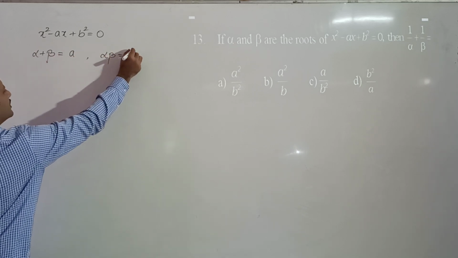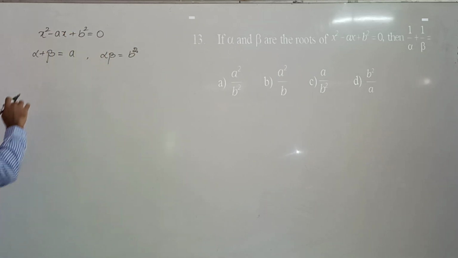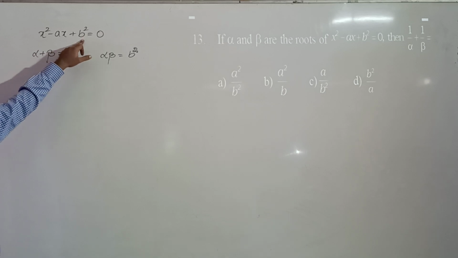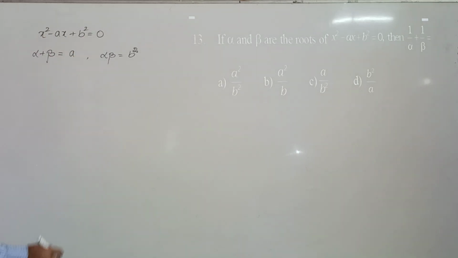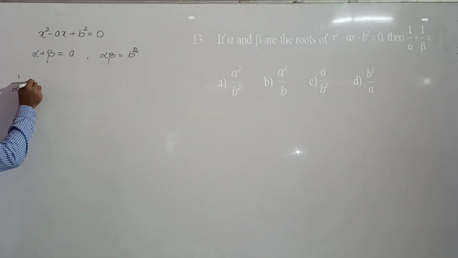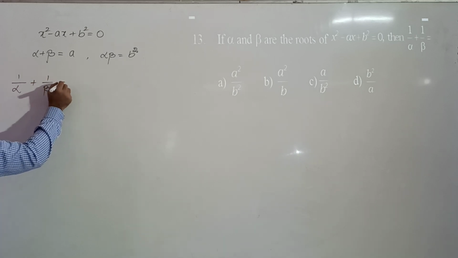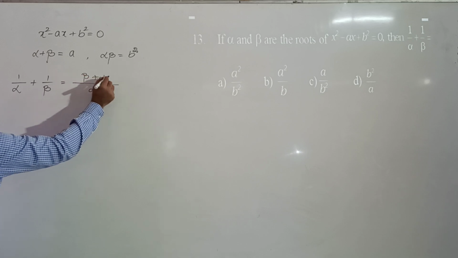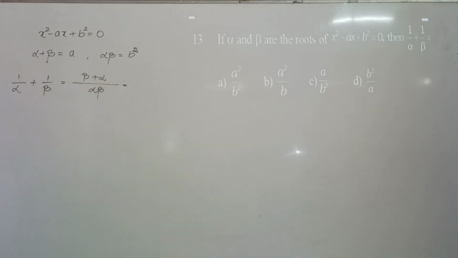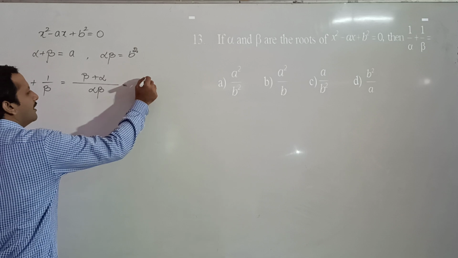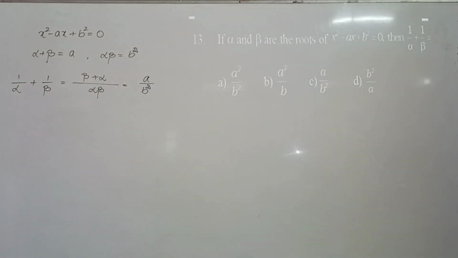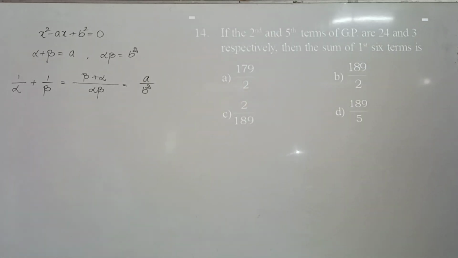Product of the roots is c by a, so b square by 1, which is b square. We are asked to find 1 by alpha plus 1 by beta. Take LCM alpha beta. Numerator beta plus alpha, that is nothing but alpha plus beta, so this is a. Denominator is b square. So the answer is a by b square. Option C.